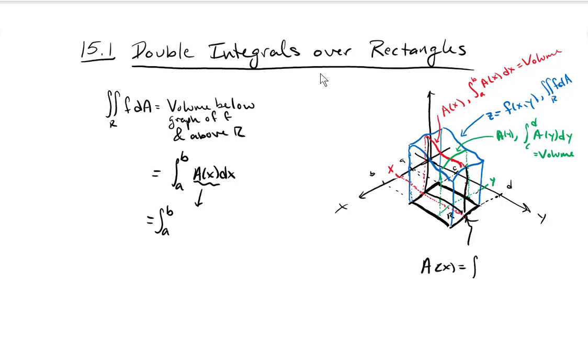So all we actually really have to do is think of holding our x value fixed in our function and just integrate with respect to y from c where it starts to d where it ends.